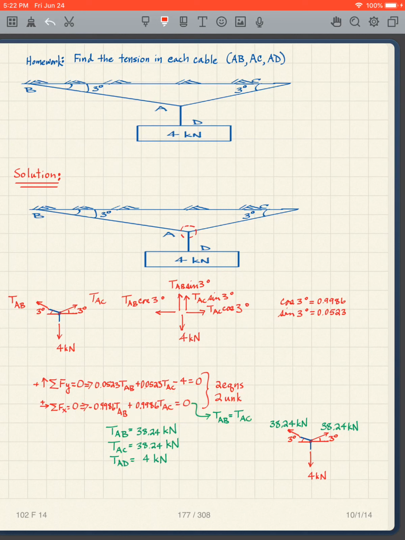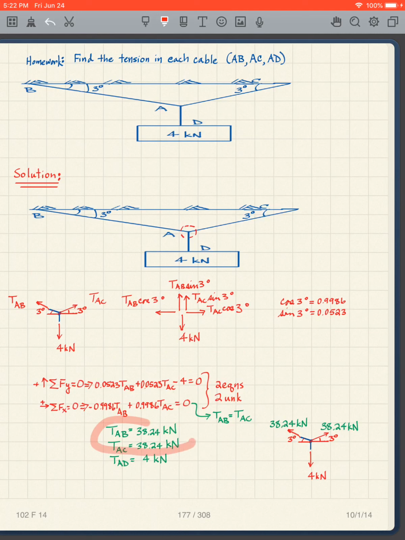Once I realize that TAB and TAC are equal, I can take that information, cross one off, put TAB in there, and solve for TAB. So in this particular case, it's a very simple solution to these two equations, two unknowns, because TAB and TAC are equal.